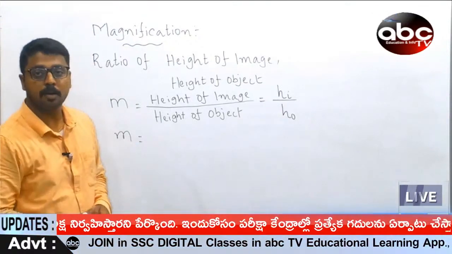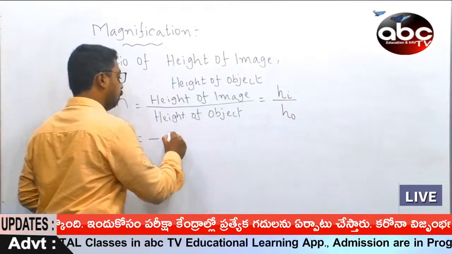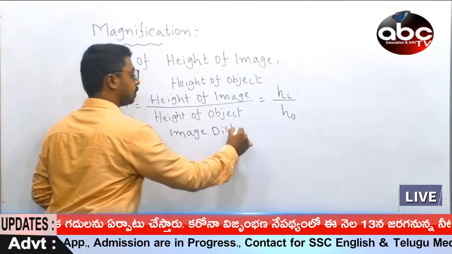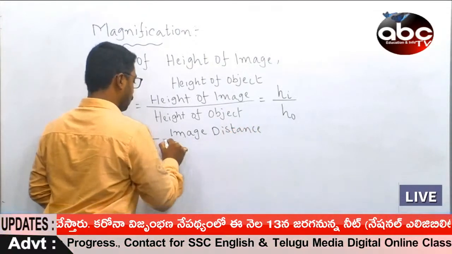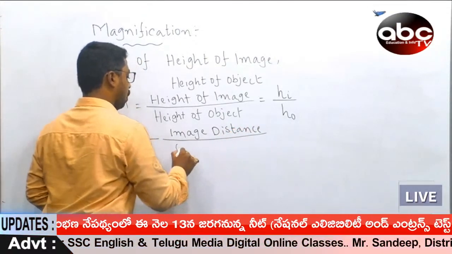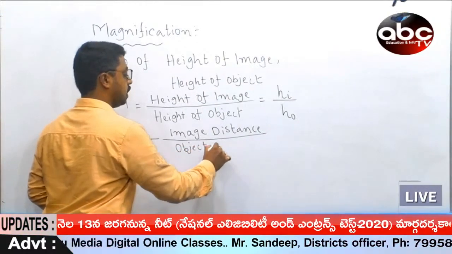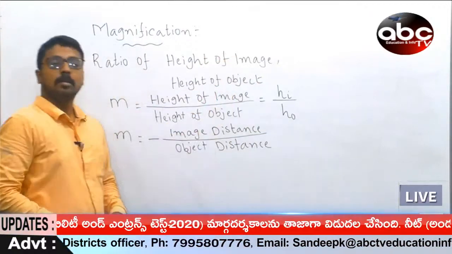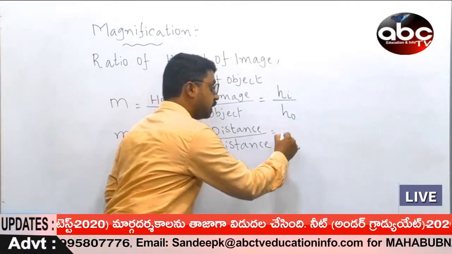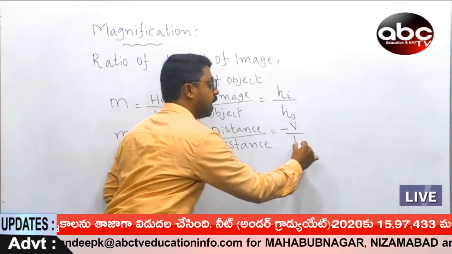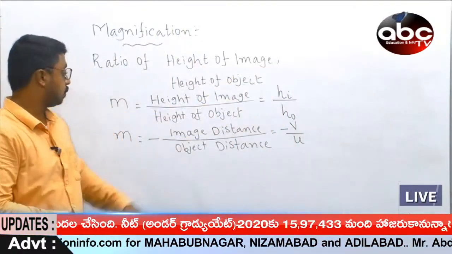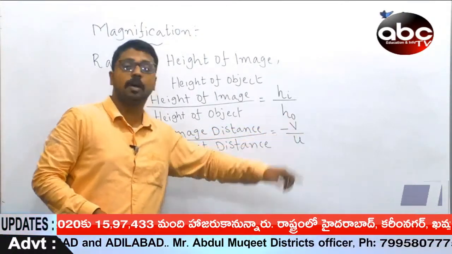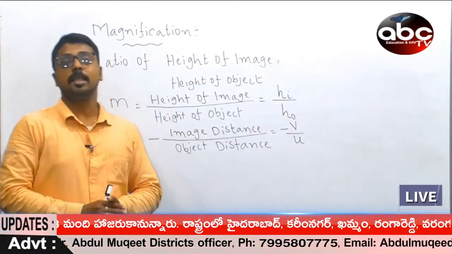For that there is a separate formula: minus of image distance to the object distance. That is represented as minus v by u. Of course, image distance is denoted by v, whereas object distance is denoted by u. They are the notations.